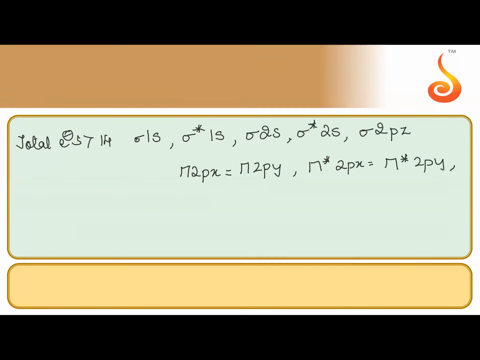And lastly, you put sigma star 2pz. If you write like this, you have 10 molecular orbitals, and each molecular orbital can hold 2 electrons. So total 20 electrons you can hold with this configuration. That much only you need to know.